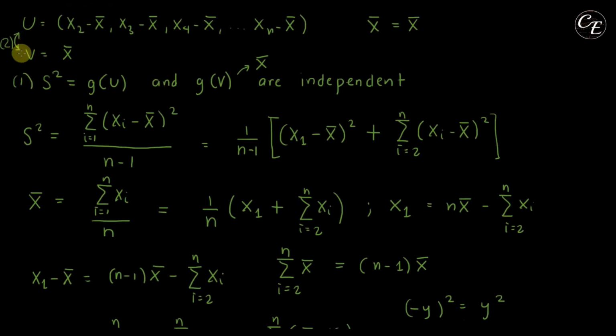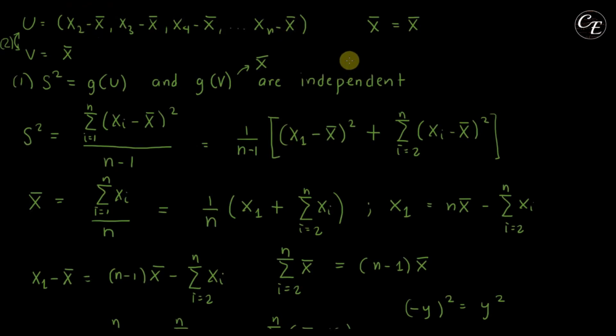Let's do step 2, that is proving that this u and v are independent. That is, this vector in here is independent of x bar. To do that, we need to prove that x bar is independent of each term in here: x bar is independent of x2 minus x bar, and of x3 minus x bar, and so on until x sub n minus x bar.